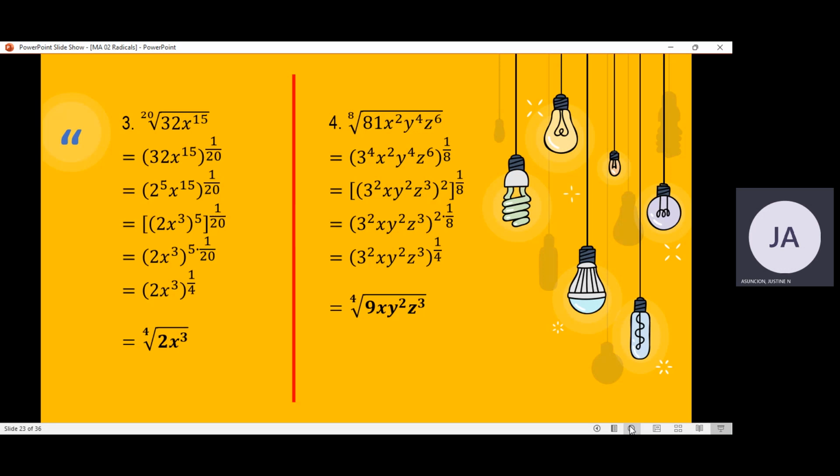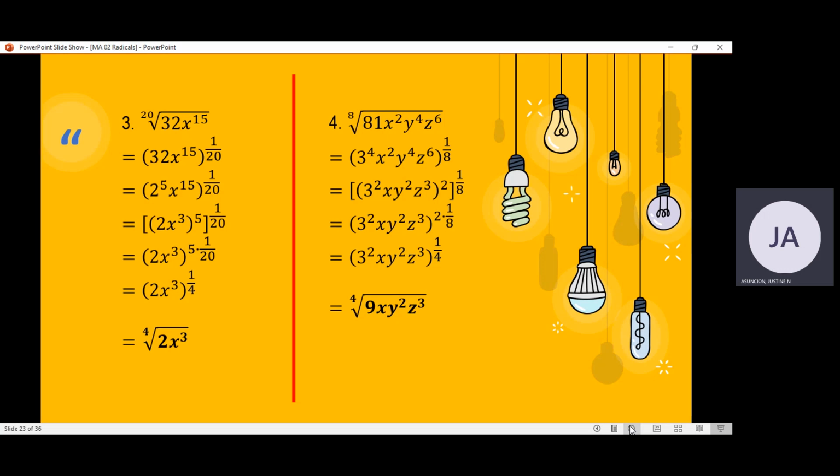Therefore, the eighth root of 81x squared y raised to 4 z raised to 6 is simply equal to the fourth root of 9xy squared z cubed. As you can see, we apply the previous law, or we can use the fractional exponent, then apply the reverse power to a product.